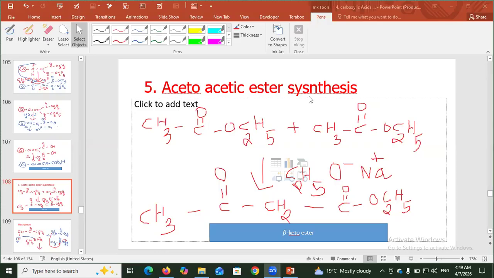Acetoacetic ester synthesis. Ethyl ethanoate is condensed in the presence of sodium ethoxide, produces beta-keto ester.